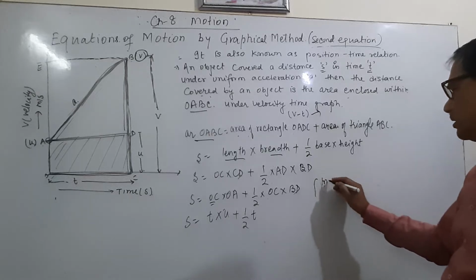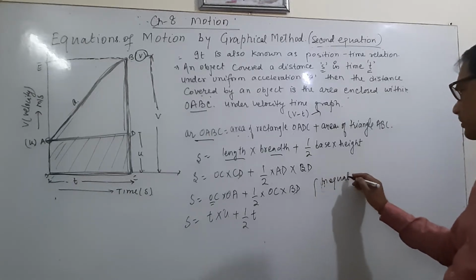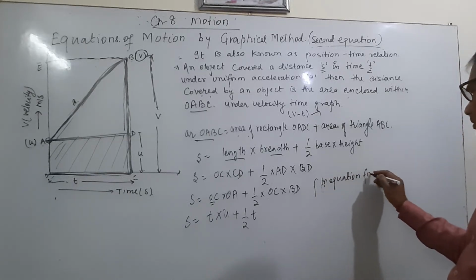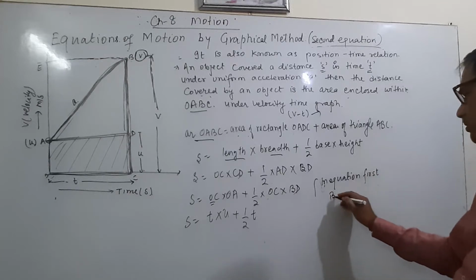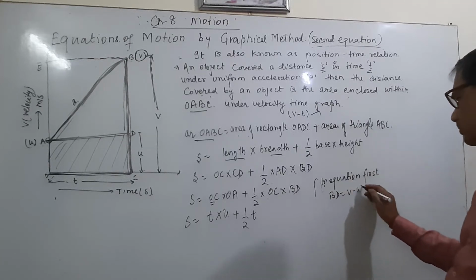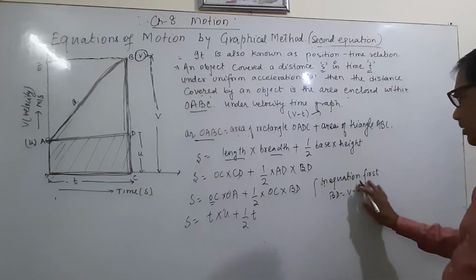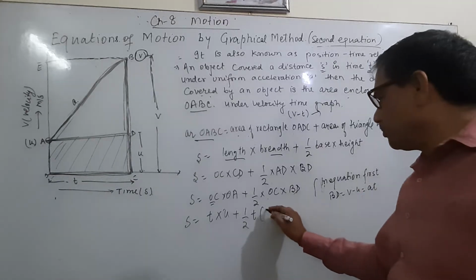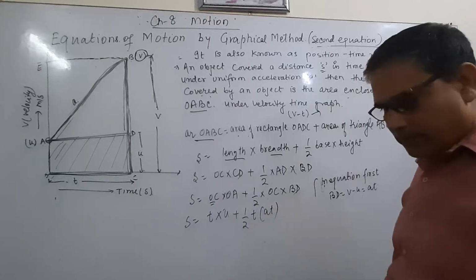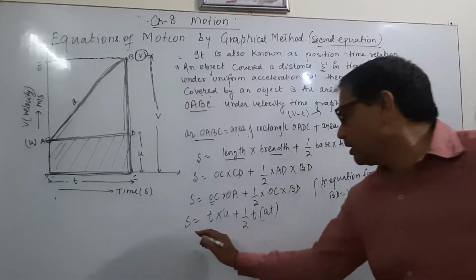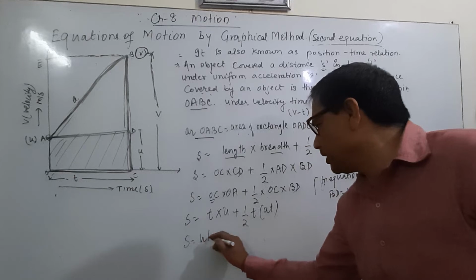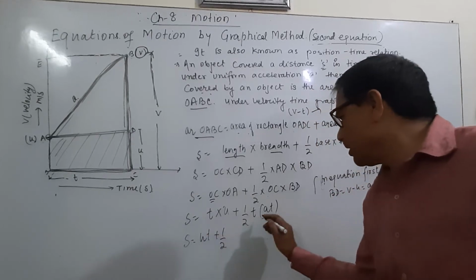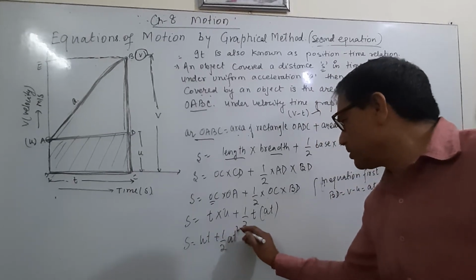In the first equation, BD is equal to V minus U is equal to AT. So BD is equal to AT. Then we multiply. We can write S is equal to UT plus half AT square.